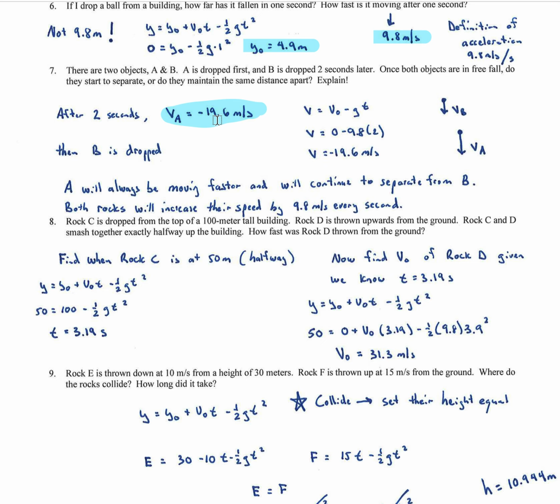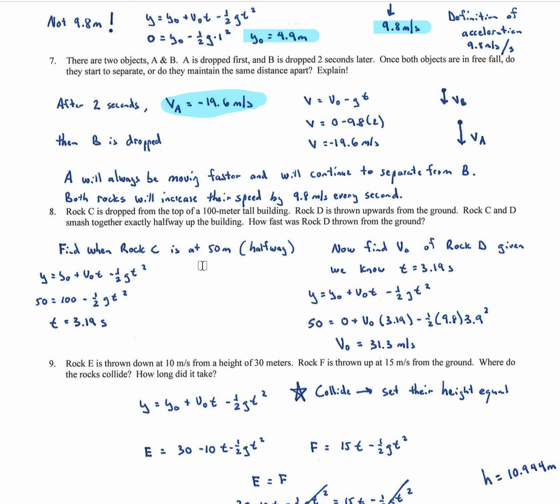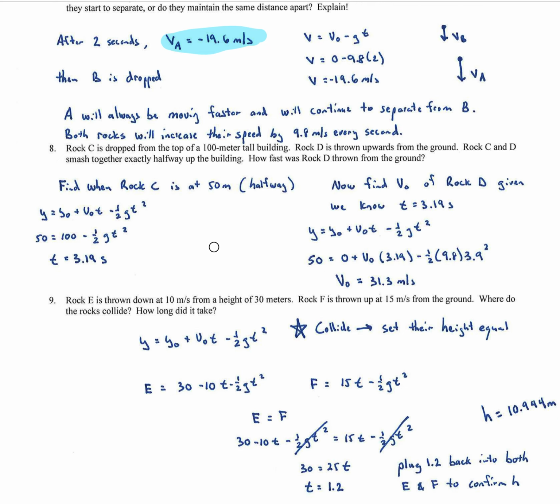See how it's even going faster? It's always moving faster. So for every second it's in the air, it's just going to move a bigger distance in that second. Both rocks, however, will both continue to increase their speed by 9.8 meters per second, but it's not like rock B can ever catch rock A. Rock A will always be moving faster, thus will separate. All right, that was a little more conceptual, but you can prove it. You can just go through numbers if you wanted to.